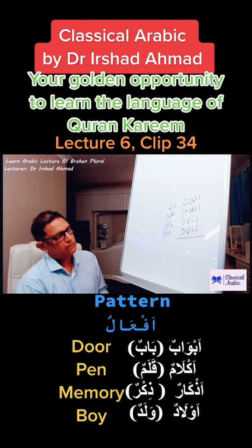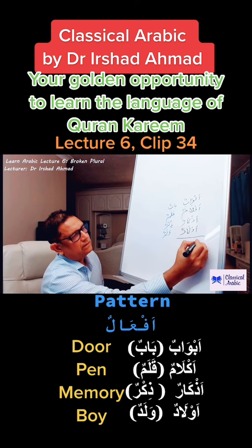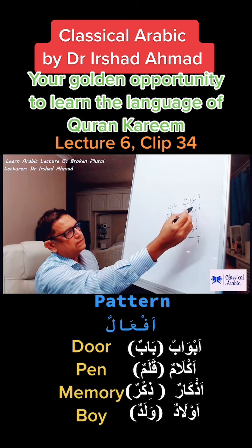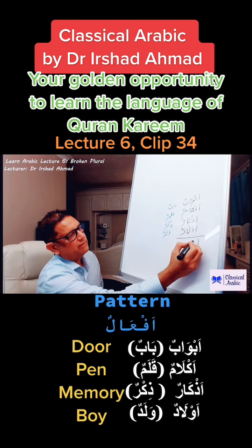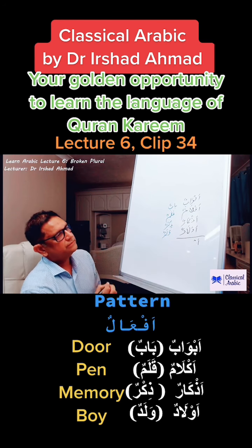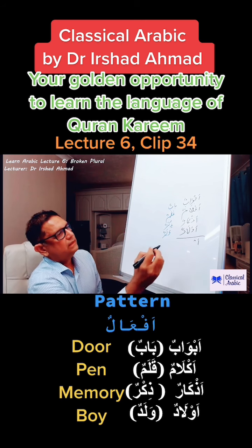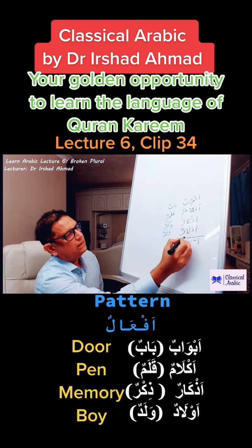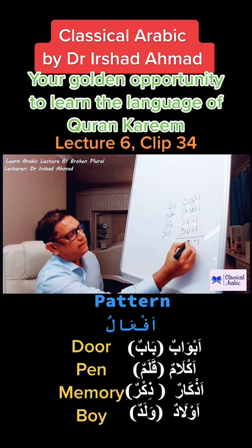Here we have Hamza common. These are different letters, but what we have common here is Sukoon. And then common here is Fatha, and then Alif here, and then Tanween.